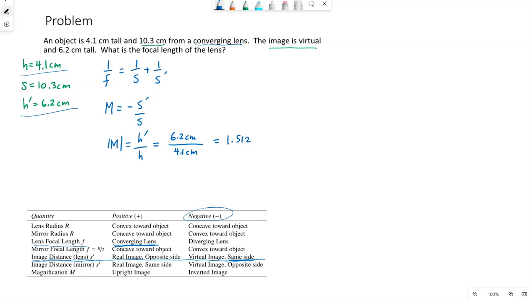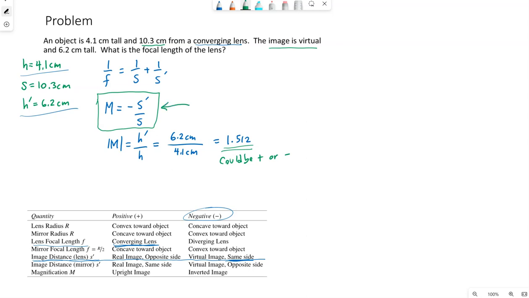When we come back to this middle equation, we need to know whether or not magnification is positive or negative. This number we just came up with could be positive or negative. And when we plug it into this middle equation, we have to have the sign correct.